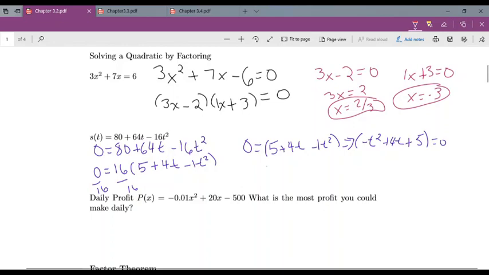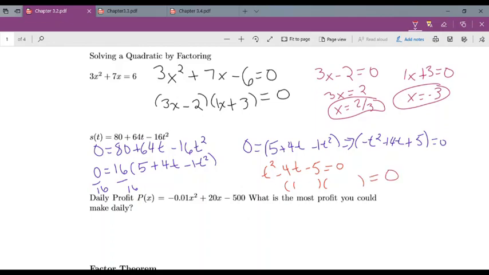If you did that, you would have t squared minus 4t minus 5 equals 0. Because if you pulled out a negative 1, you pull a negative out of 0 too, it's still just going to be 0. And sometimes it's easier to factor when you have a 1 in front of your t squared rather than a negative or any other number.